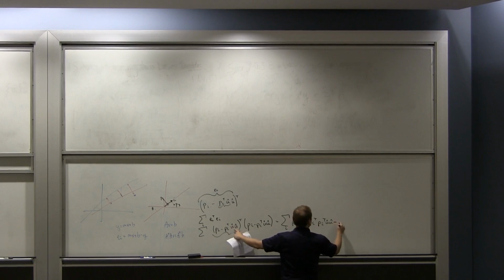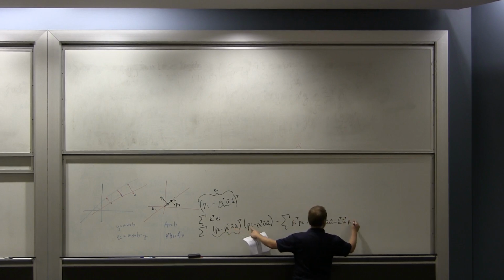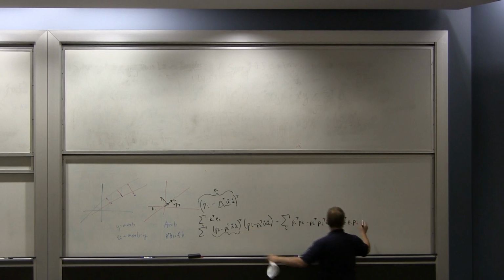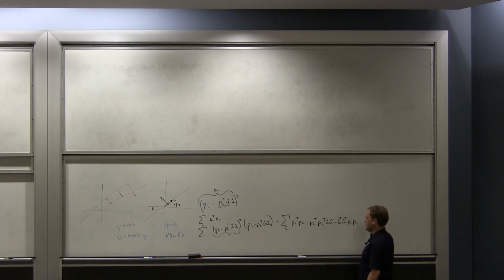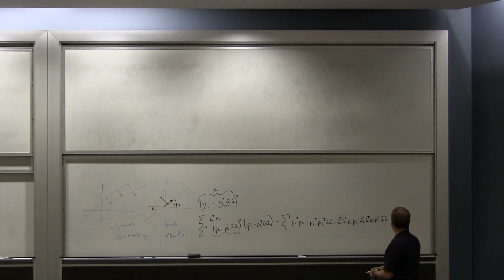So I need to go u transpose p_i times p_i. Am I still doing this right? You guys can see the whole picture better than I can. And now I'm doing the last term on each side, which is u transpose p_i p_i^T u. Do we like that?